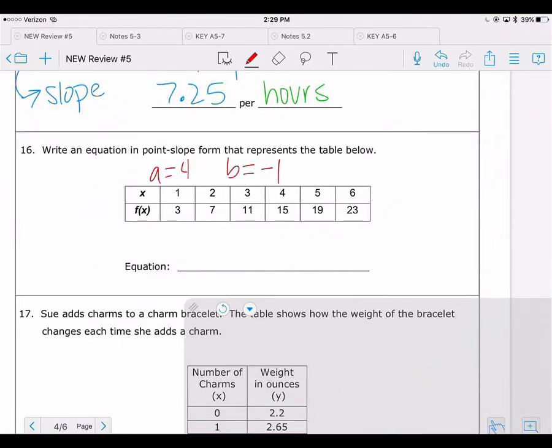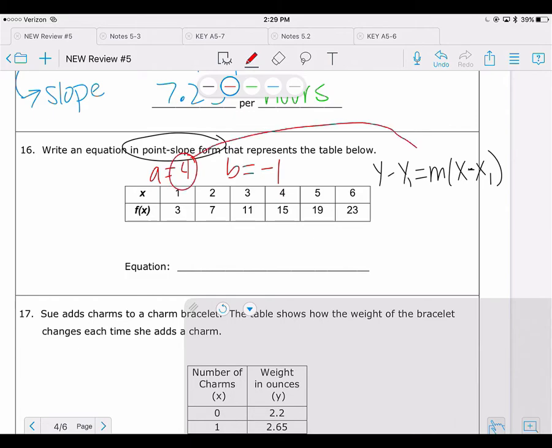Now remember, with point-slope form, we have y minus y1 equals m times x minus x1. So we just found our m. In point-slope, there is no spot for b, meaning I cannot put b in my answer, meaning I need to find a different thing to plug into my answer. Remember, with point and slope, we need a point and a slope.